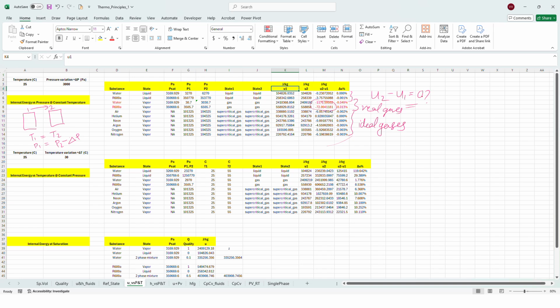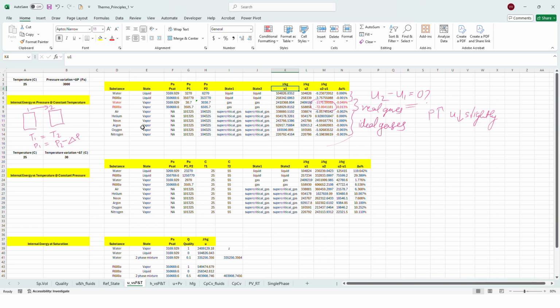So as the pressure increases, internal energy decreases slightly. What that means is the molecules are getting closer, and the intermolecular forces are getting slightly significant. You're still looking at a very small percentage value. So pressure does have some effect on real gases.